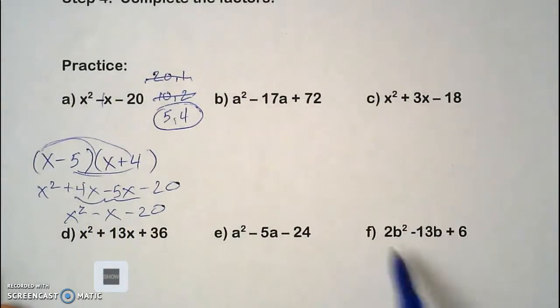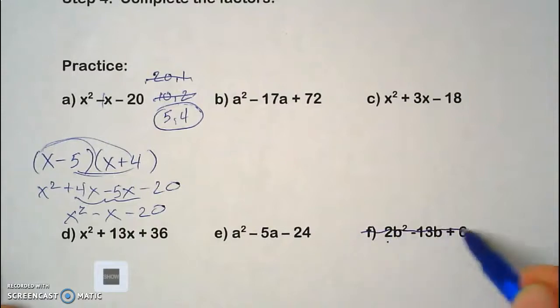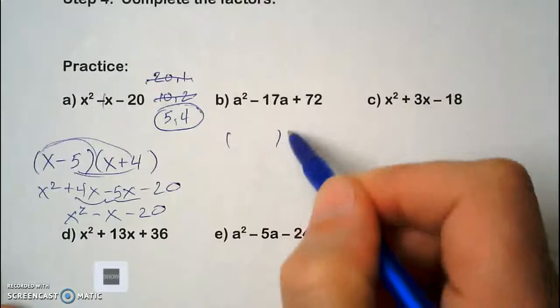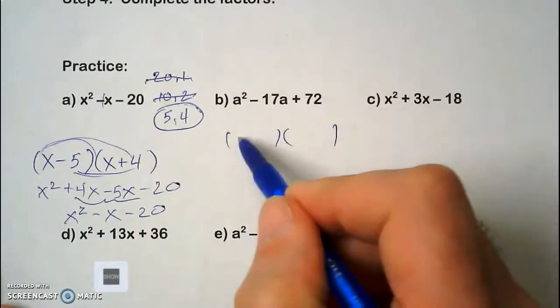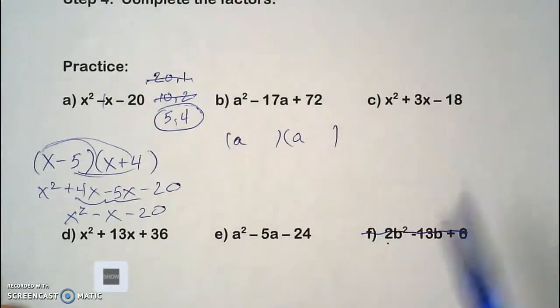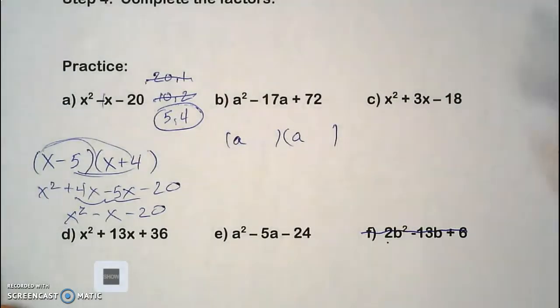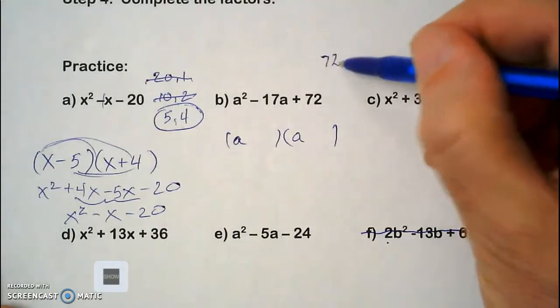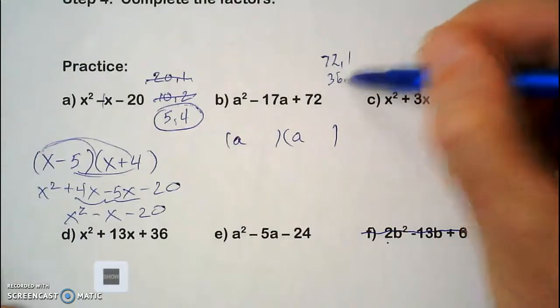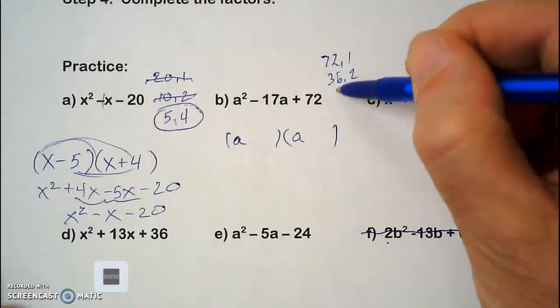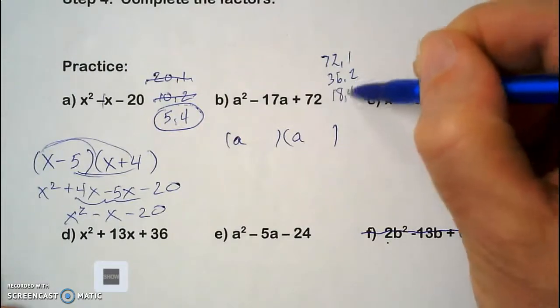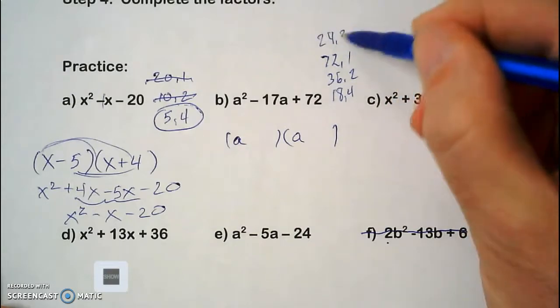We're not going to do this one because notice that the number in front of b squared, the coefficient, is not 1. So in this assignment, we're not going to worry about those kind. So for example B here, we will use a's instead of x. Now 72 has a lot of factors, okay? So we normally don't work with numbers like that because a lot of people don't really even know them all. You know, 18 times 4 and 24 times 3 and so on.